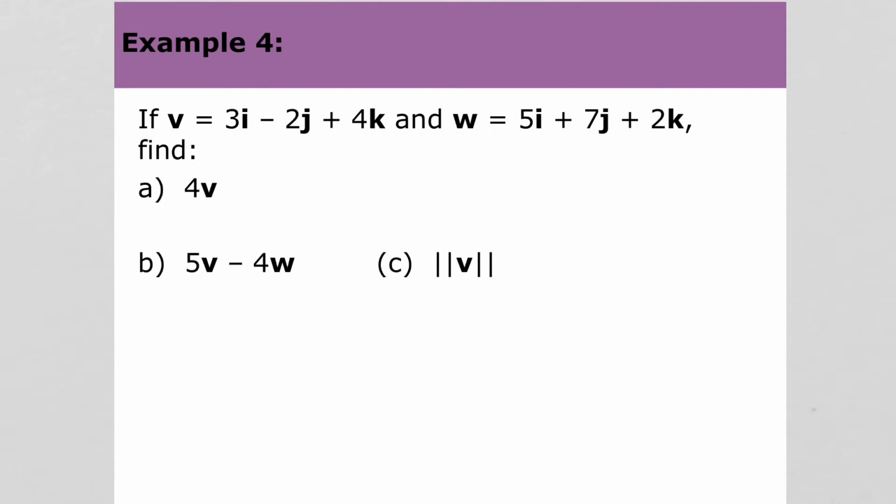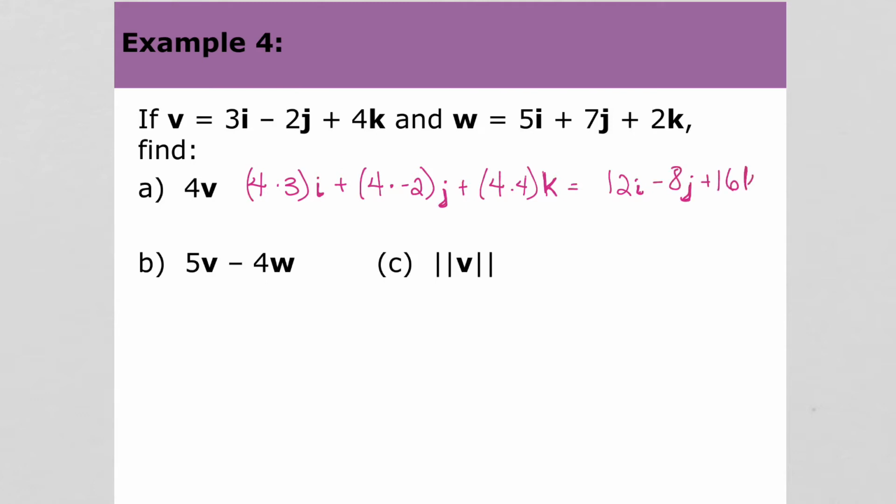Four times the vector v: we'll go through and do 4 times 3i plus 4 times negative 2j plus 4 times 4k. And that gives us 12i minus 8j plus 16k.